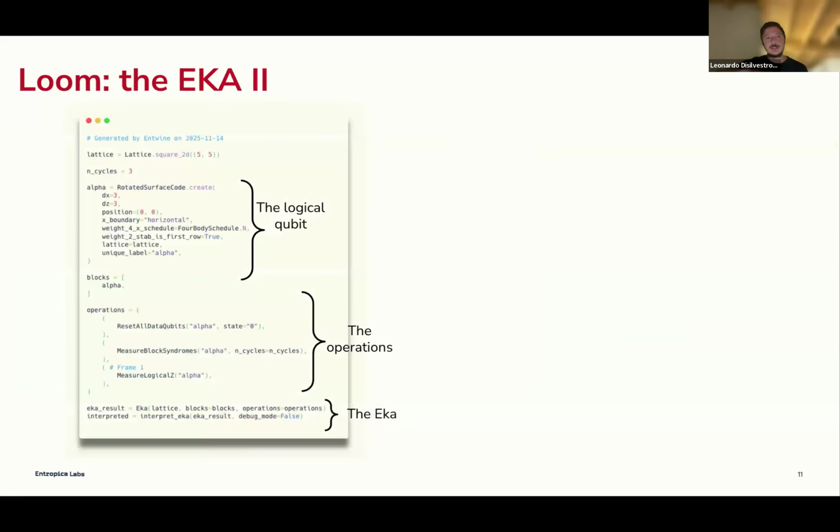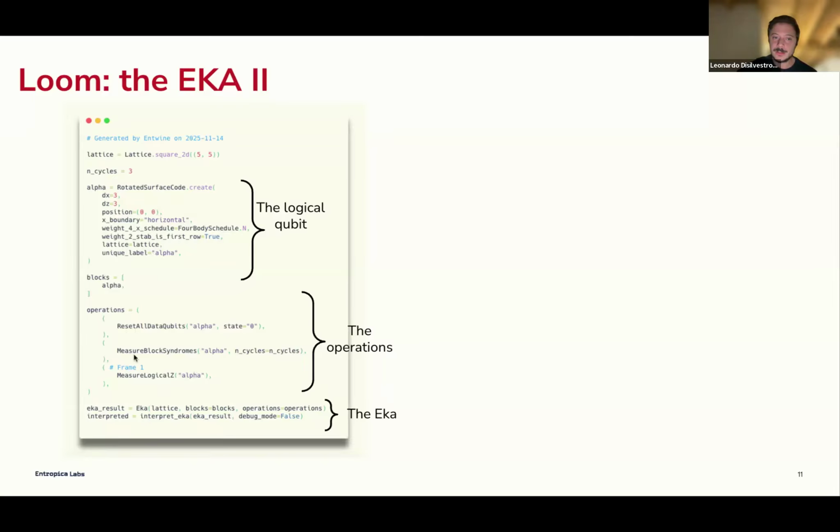Okay, let's look at the first example I gave you. That's a memory experiment, really. So what we do is that we have a lattice. Let's put that in the background for a moment, some cycles, and you define a logical qubit with a bunch of parameters. That's a rotated surface code. We have a single logical qubit in this example, and then three operations. The operations are: reset all data qubits, measure block syndrome, measure the logical Z stabilizers.